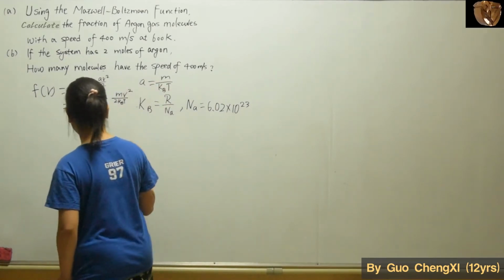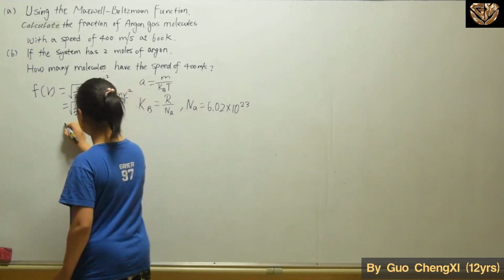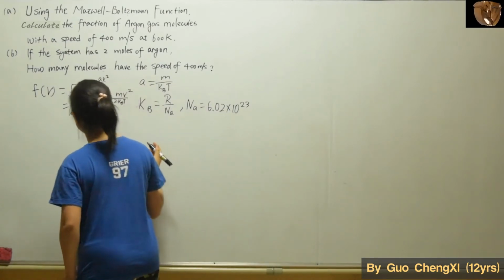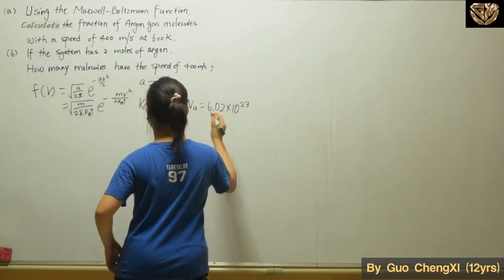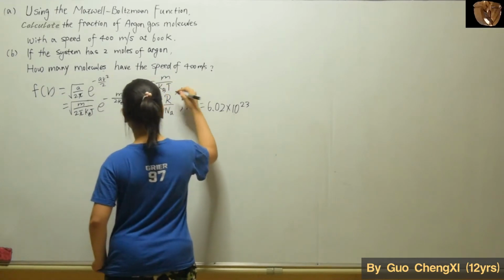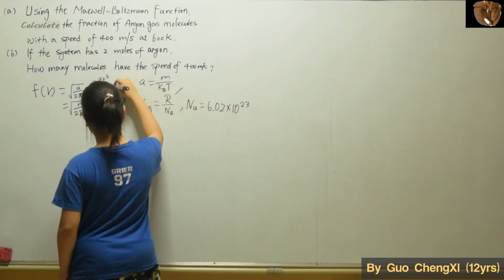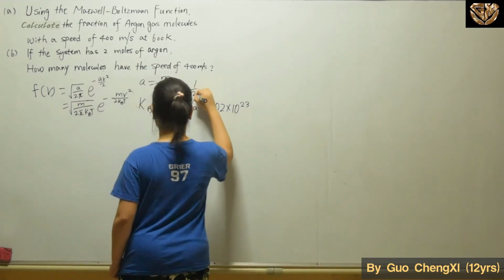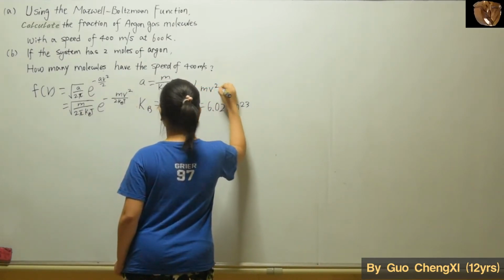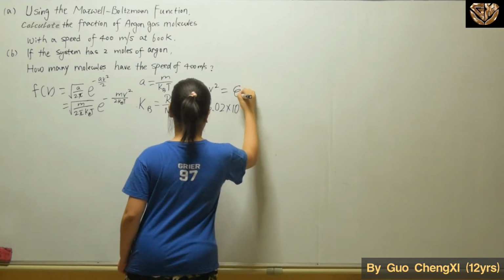Then after that, this is just extra, but you can write it another way if you want, like half mv squared is equal to epsilon.